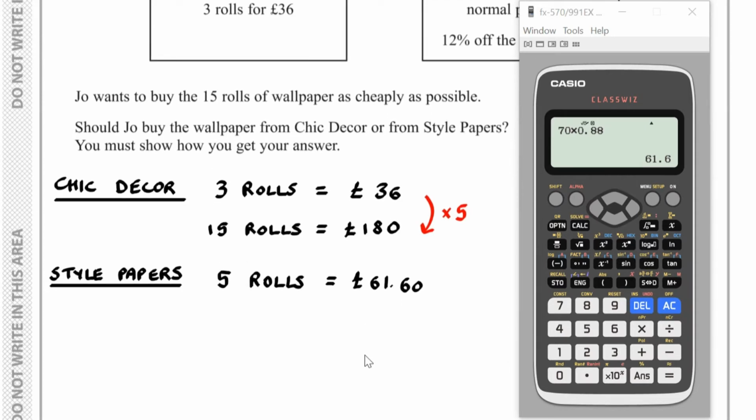And so, for 15 rolls, we would have to multiply by 3. And it turns out we get £184.80.